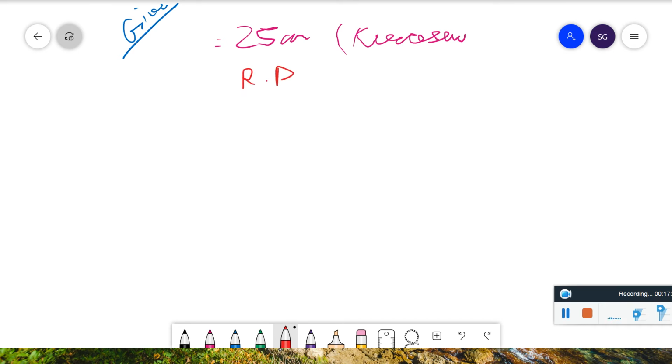Relative density 0.80, no issues, but that is also in CGS, so we have to worry about that also, and nothing else we have to worry about. This is the given quantity.